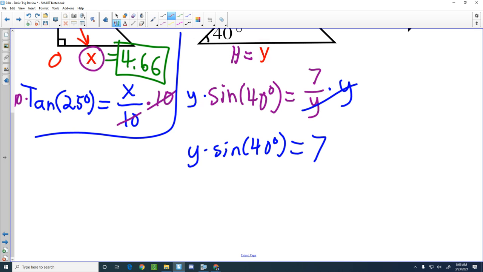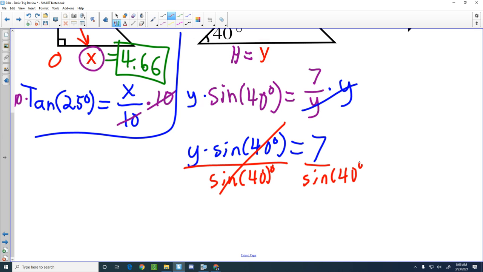What's the opposite of multiplying? We divide by the sine of 40 degrees. So those cancel and leave us with just y. But I'd also have to divide this side. And so then, for our calculation, y equals 7 divided by the sine of 40 degrees.